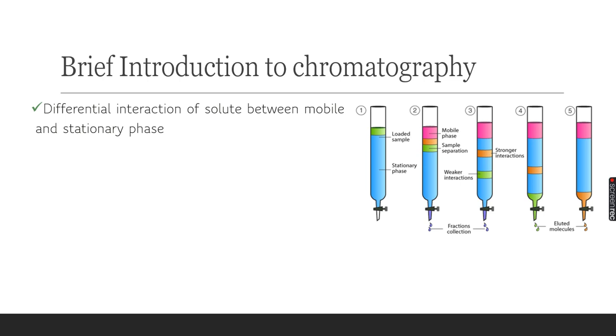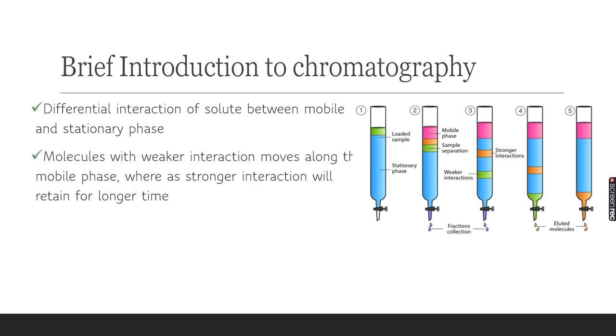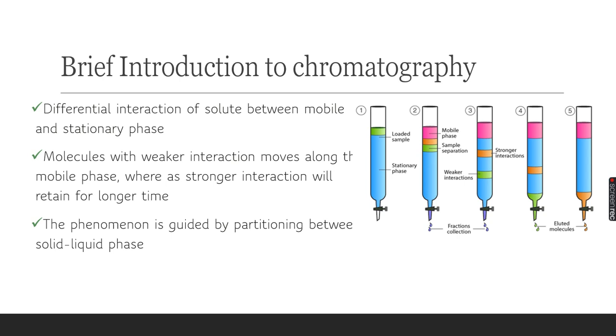So some components come back into the mobile phase depending on their partitioning behavior. Molecules with weaker interaction will move with the mobile phase, whereas those binding strongly with the stationary phase will stay for a longer period of time, which is generally expected. The phenomenon is guided by partitioning, that is, solid-liquid phase partitioning of your compound.